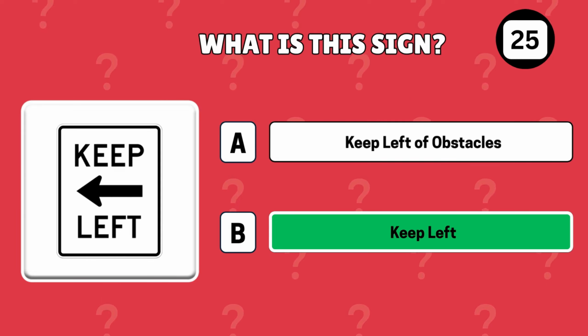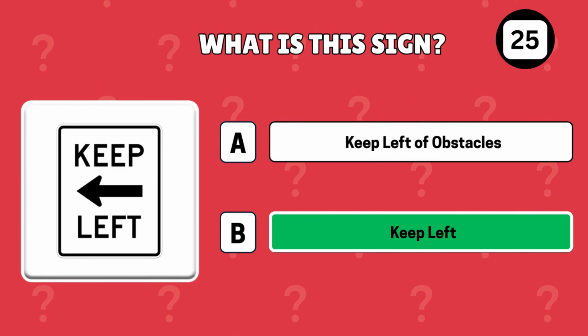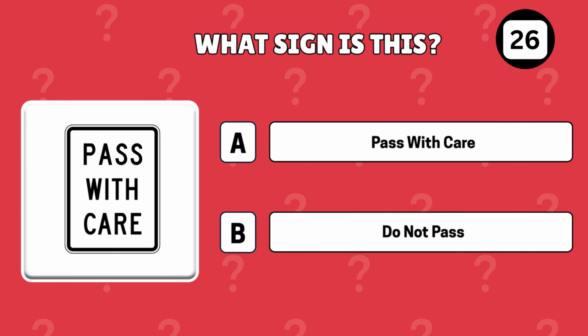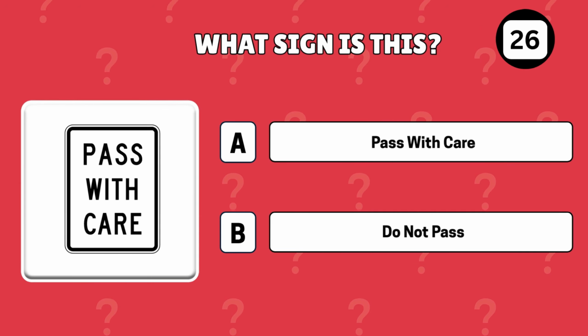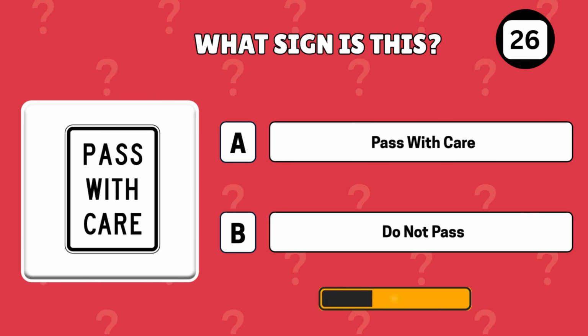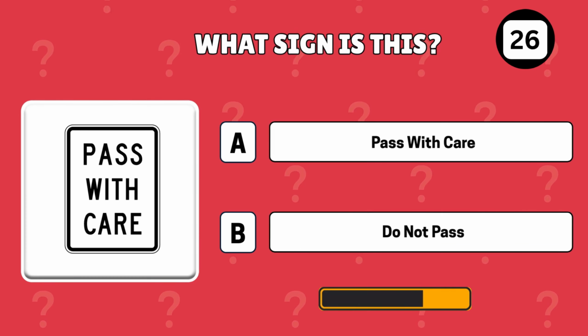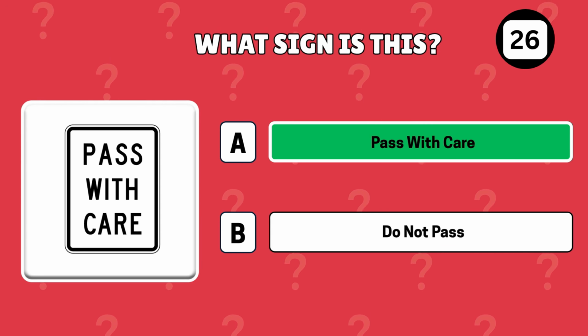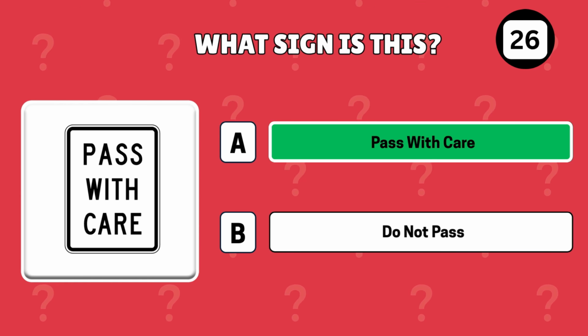Good observation. This is the keep left sign. What sign is this? A. Pass with care. B. Do not pass. That's right. This is the pass with care sign.